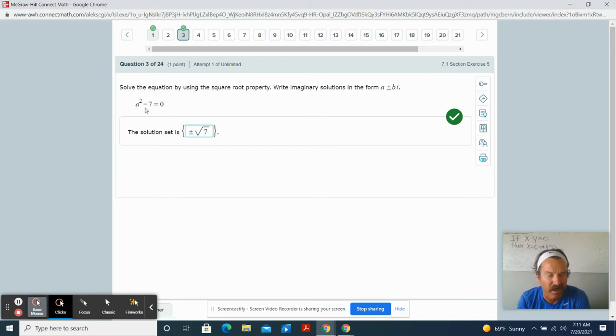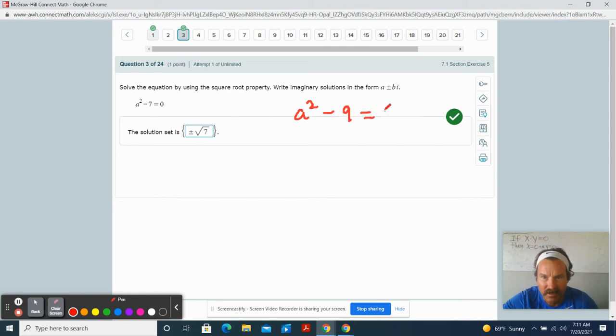And when you have a quadratic equation that's not factorable, your answers are irrational, which just means that your answers are going to contain a square root of a number that we don't know. If you have a factorable quadratic, like say we have a squared minus 9 equals 0, well, that's factorable.